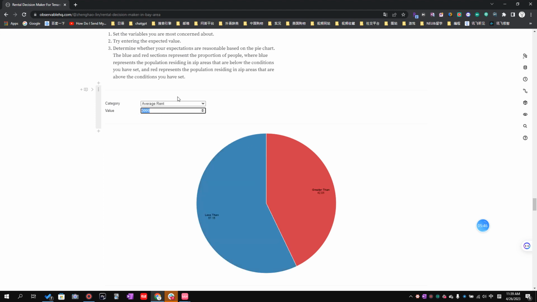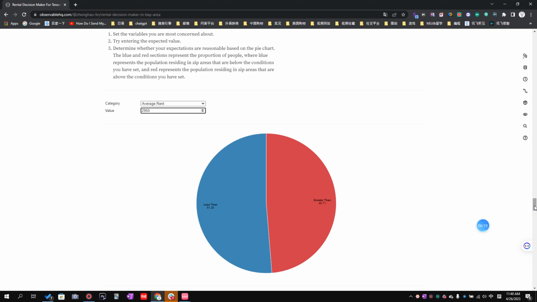If we set the average rent as 2,950, then you can see the population living in areas with lesser or greater rent is almost half by half. So it means 2,950 is a reasonable expectation for average rent.